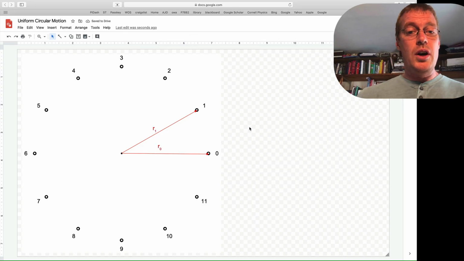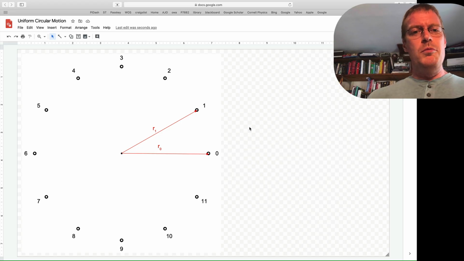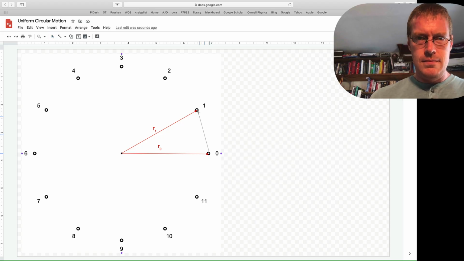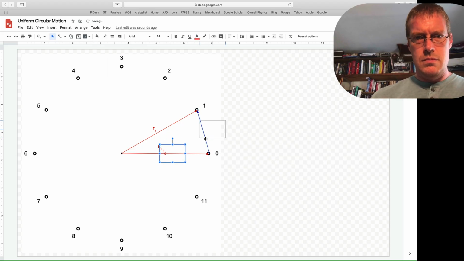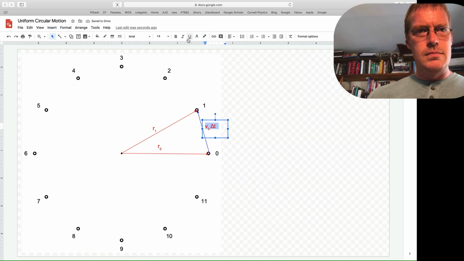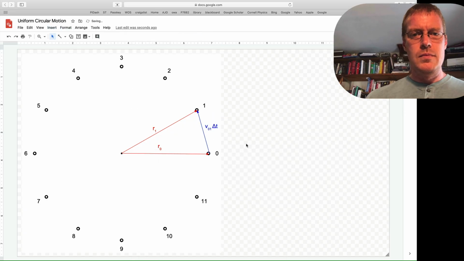I can also draw the displacement vectors, which, as we know from before, are simply related to the velocity. So this vector here corresponds to the average velocity during this interval times delta t.